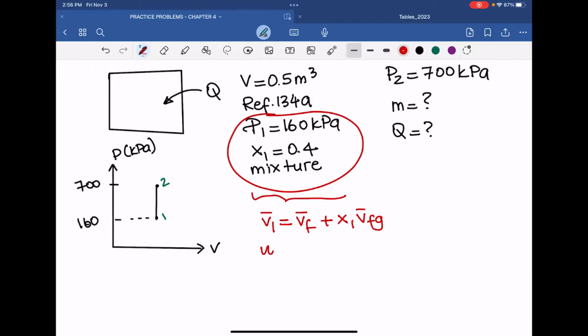If you need to figure out the specific internal energy, you need to do it through this equation. And which values we can read from the table, uf, ug, ufg, we can read at that pressure.